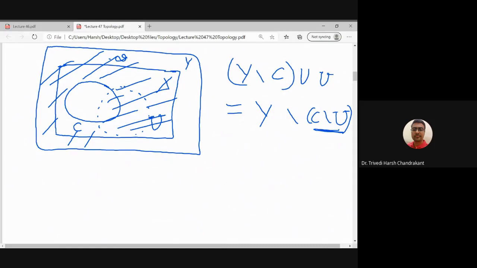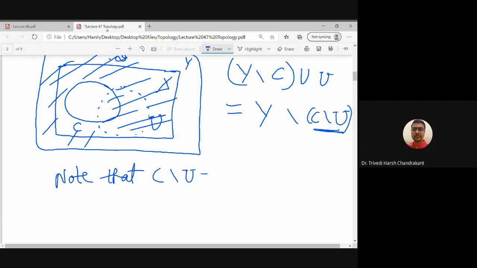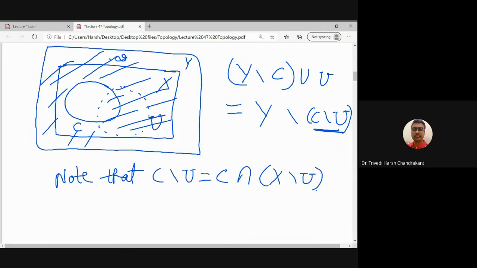We actually show that this is of type 1, that is, it is an open subset of X. To show that, note that the set C minus U is nothing but C intersection the complement of U in X. C minus U is exactly the points of C which are not in U.